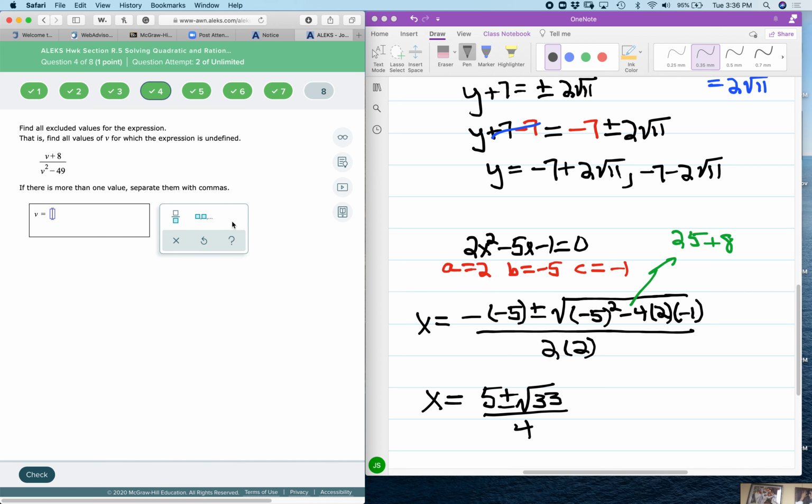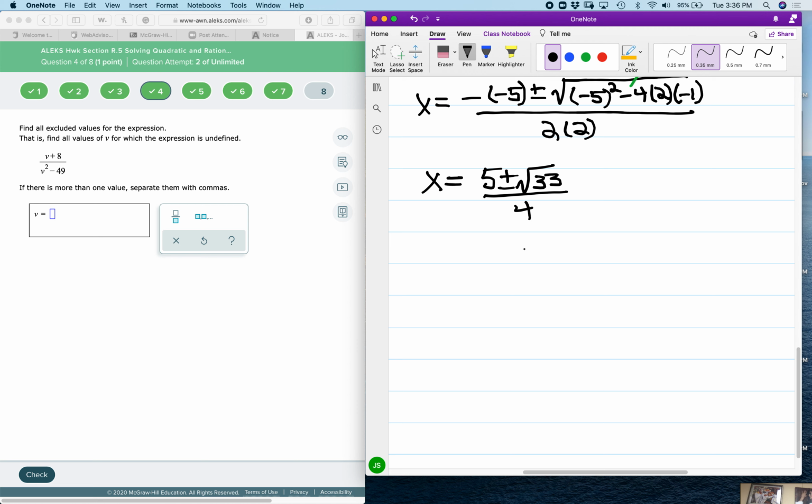And for the next statement, we're looking at restrictions, and it says to find all excluded values for the expression. That is, find all values of v for which the expression is undefined. So we have v plus 8 over v squared minus 49.